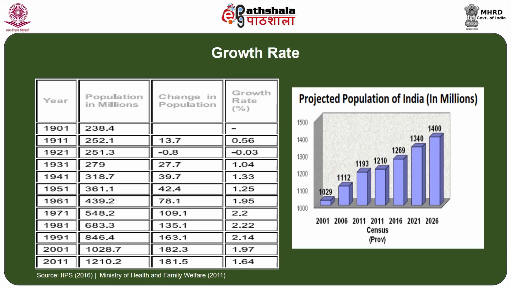2.22%, and from that period there is a steady decline in the growth rate, wherein you can see in 1991 the growth rate has slightly come down to 2.14%, and further it has come down to 1.97% in the 2001 census, and the latest census of 2011 showed that it has further reduced to 1.64%.